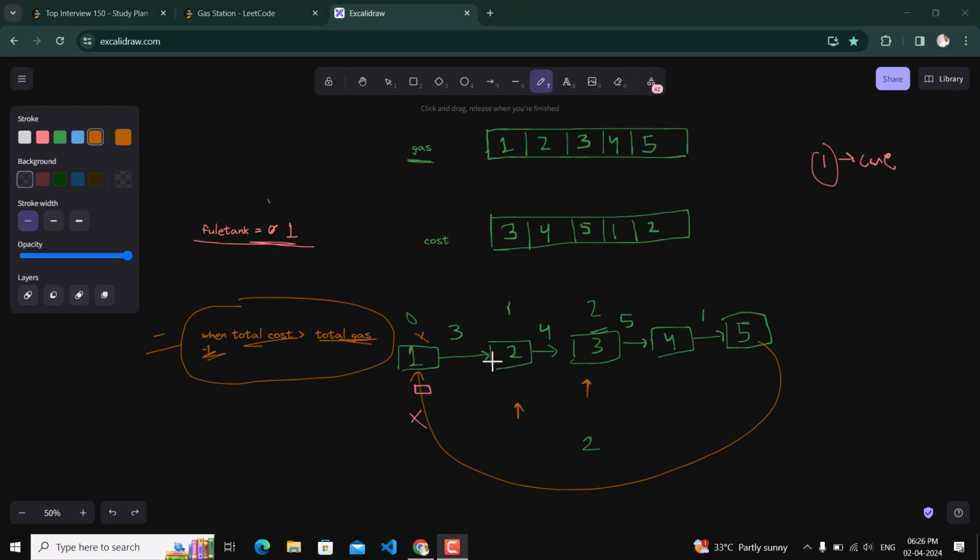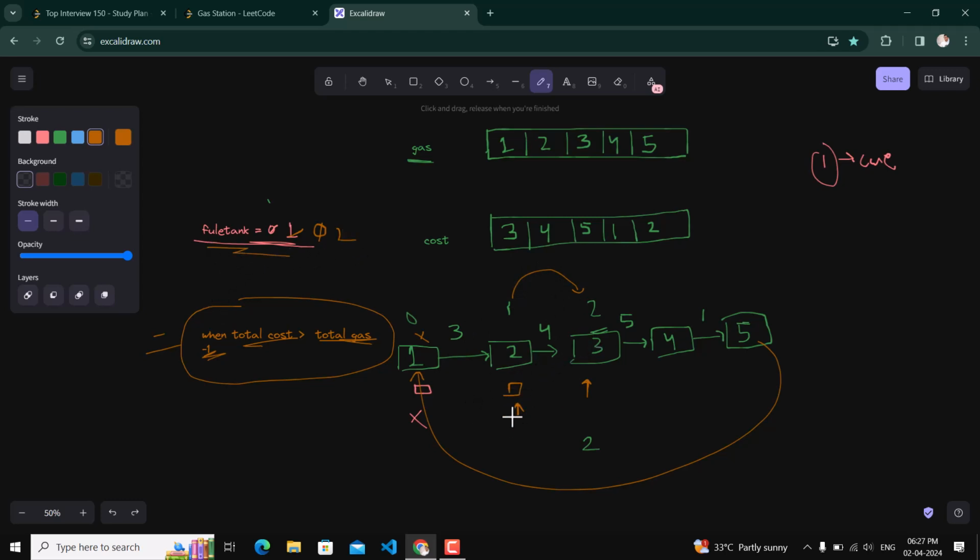In the same way, we will check the second index. Our fuel capacity is 0, so we are not able to travel from this. Again we make our fuel capacity 0 and start from the first index. When we start here, our fuel capacity will be 2, because we refilled our fuel at this gas station. Now we require 4 units to travel from the first index to the second index, but our current fuel is 2, so we will not be able to travel.